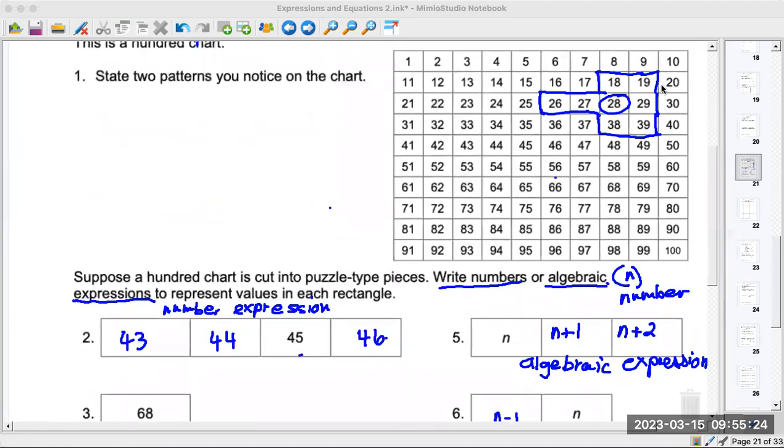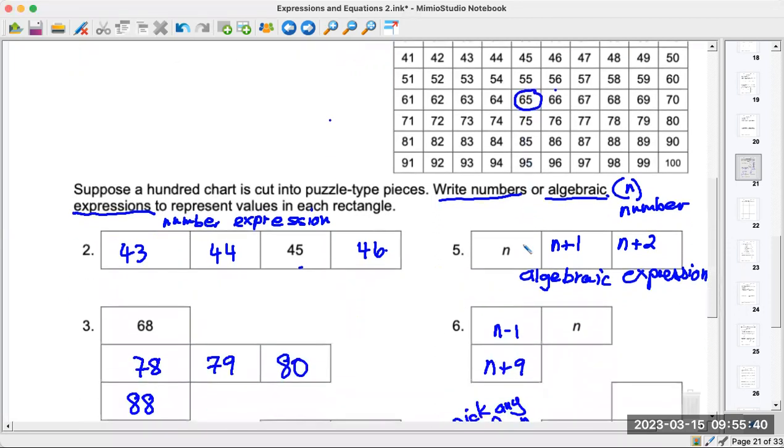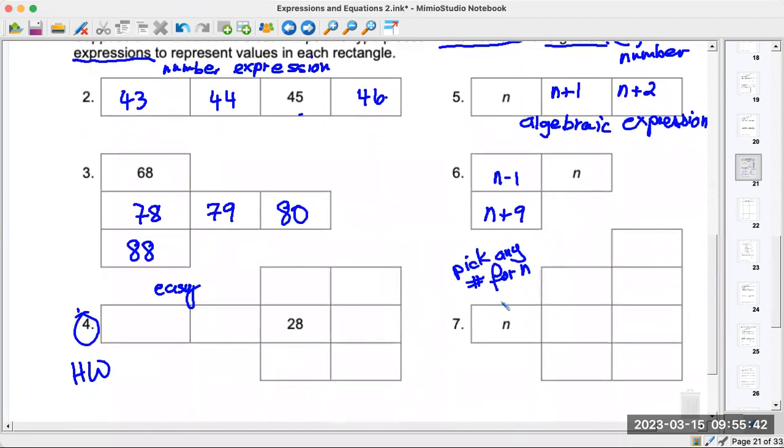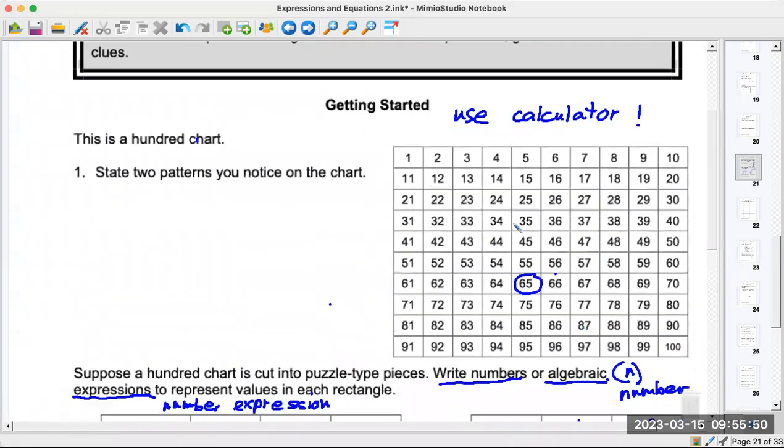I'm going to erase my old question. So let's see, how about if we take 65? This is my N. And then I'm going to go over 3. I have to cut this puzzle piece out.